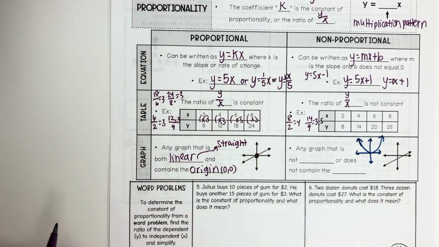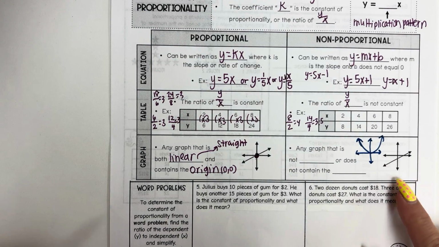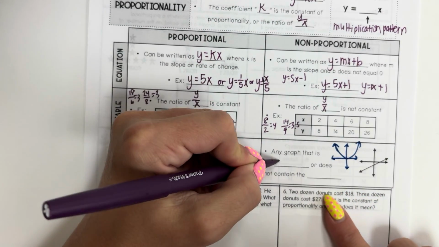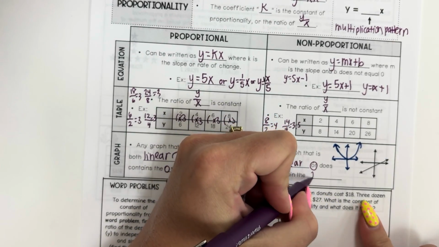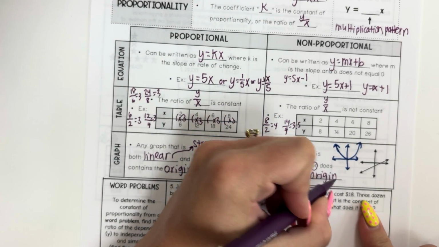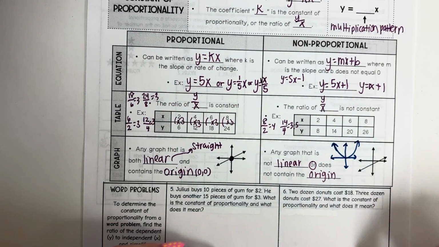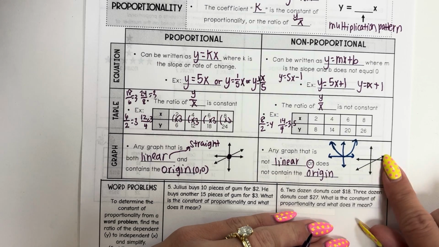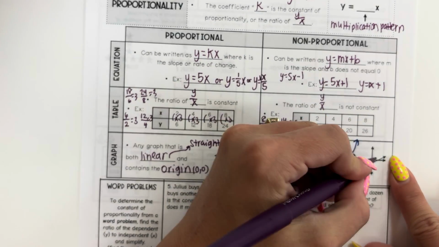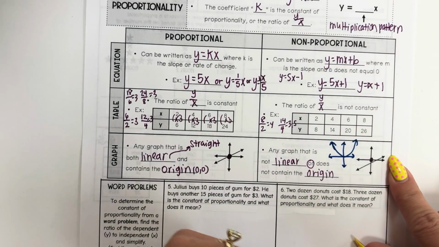So that is proportional. Now, non-proportional is any graph that is not linear or does not contain the origin. I'm emphasizing or because looking at these examples, here's an example. This is linear. This is a straight line, but it doesn't go through the origin.